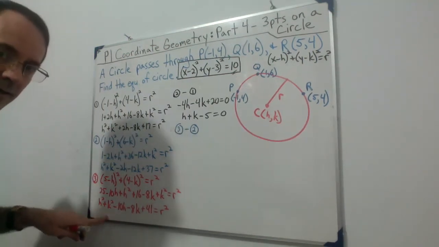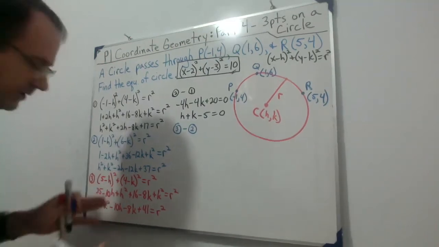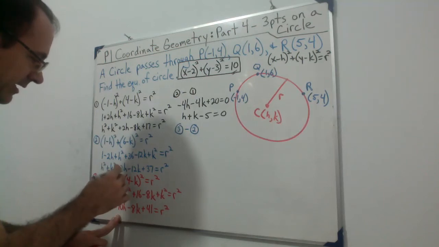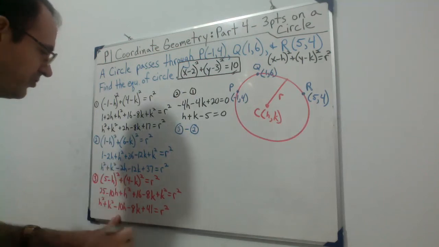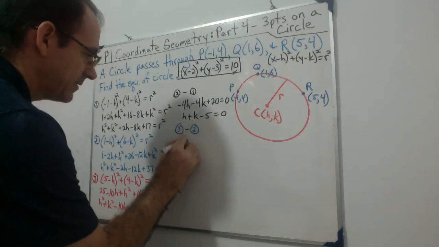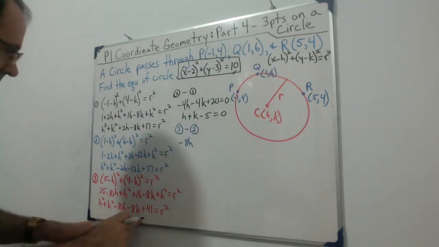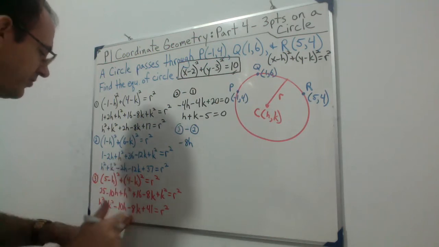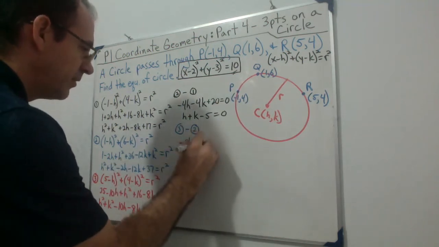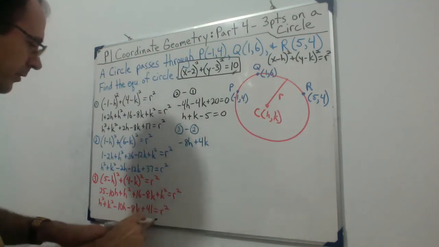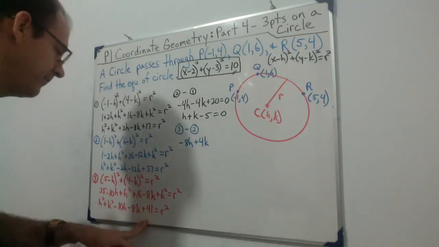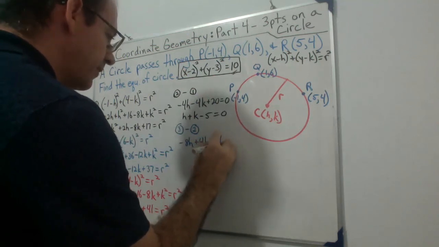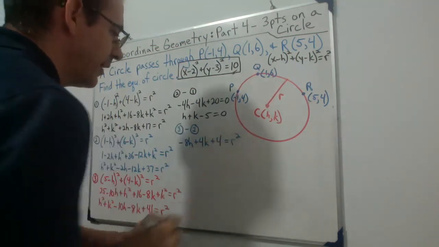K squared minus k squared gone. Negative 10h minus a negative 2h. So negative 10 plus 2 is a negative 8h. Negative 8k minus a negative 12k. So negative 8 plus 12 gives us a positive 4k. 41 minus 37 is 4.